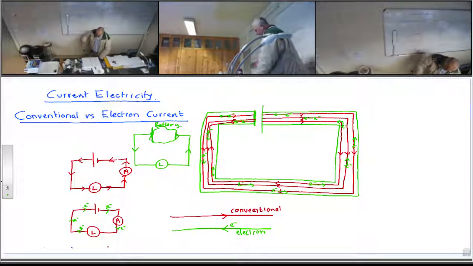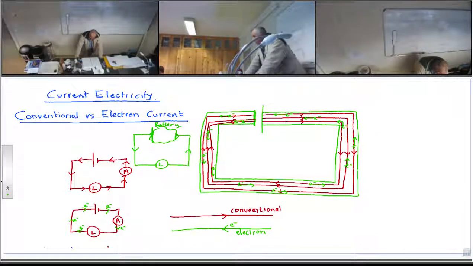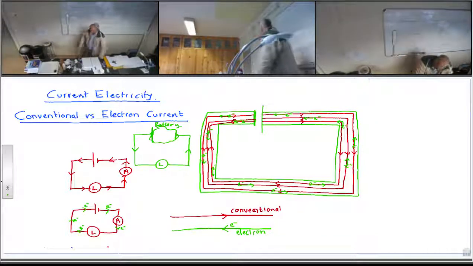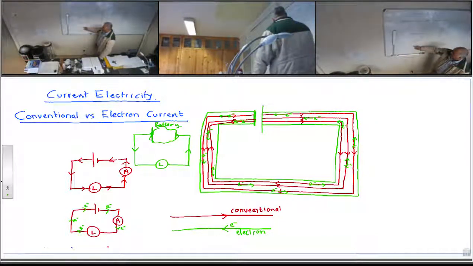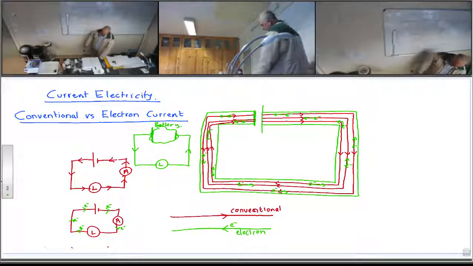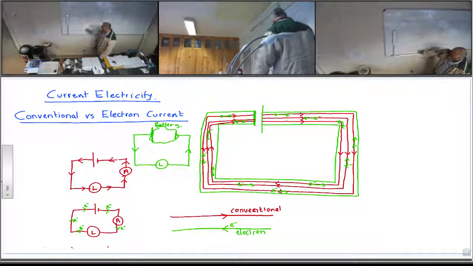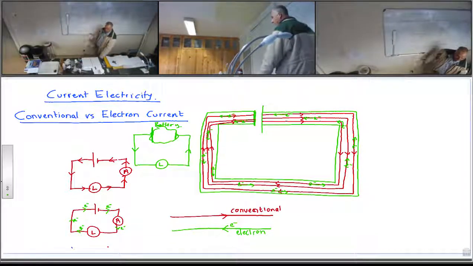If we look at electron current, this is what really happens. It involves the flow of electrons. It flows from the negative around the circuit and into the positive. And it is always indicated with an arrow with an E negative written next to that arrow.